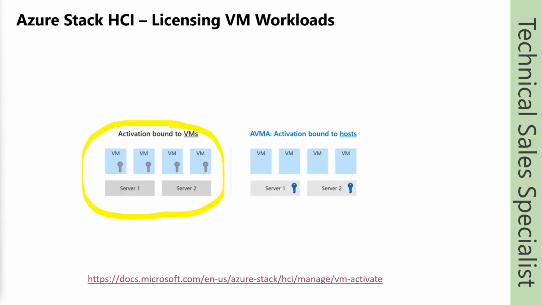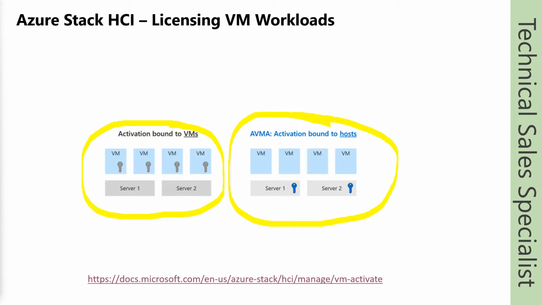If you have a host where you have many Windows Server VMs, and maybe you have existing Windows Server licenses, or you use the opportunity to use a full-featured Windows Server Datacenter license provided by your server OEM, then you can use automatic virtual machine activation based on the Datacenter license keys.